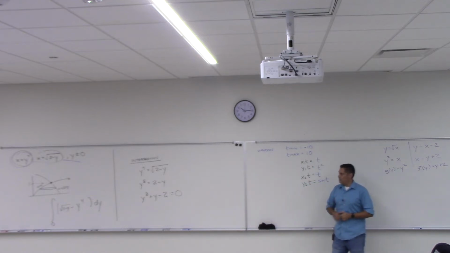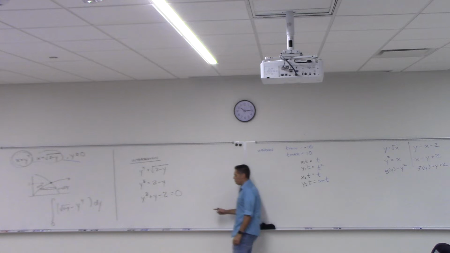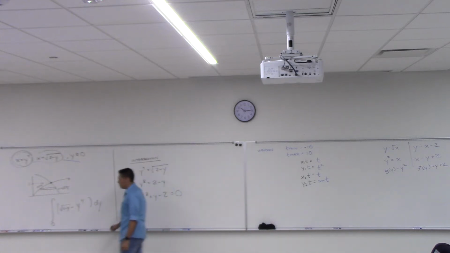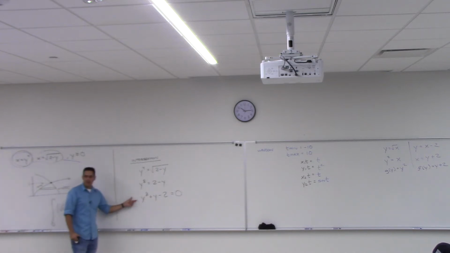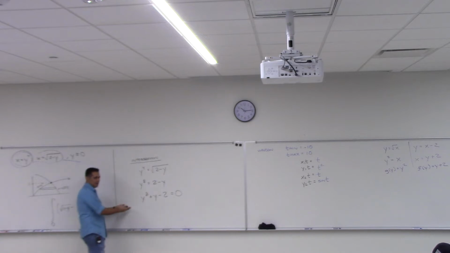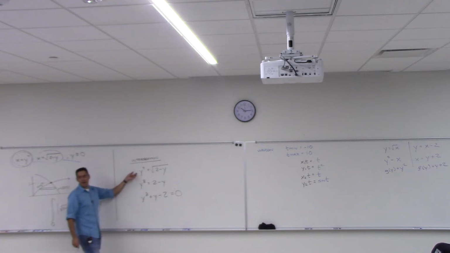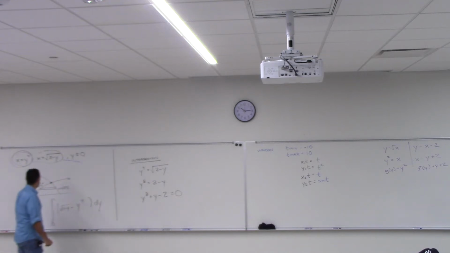In Cal 1, I don't know if your instructor went through it, but I know in my class, do you remember me talking about Newton's method? Using a computer algorithm to solve an equation? We could use Newton's method for this, but there's no algebraic way that we have that's easy. So really, the only way to get this is by inspection, just by visual. So this goes to 1, and we're done.